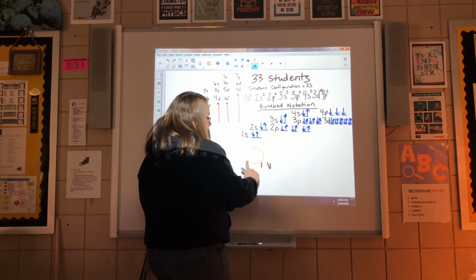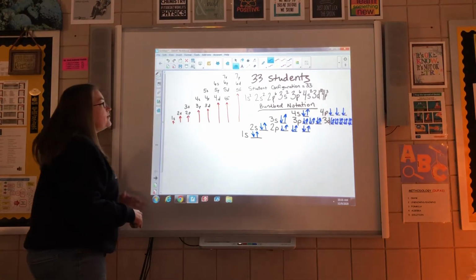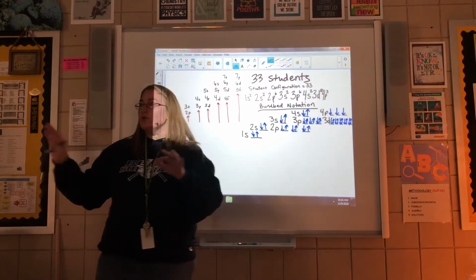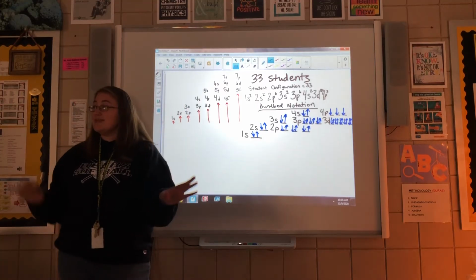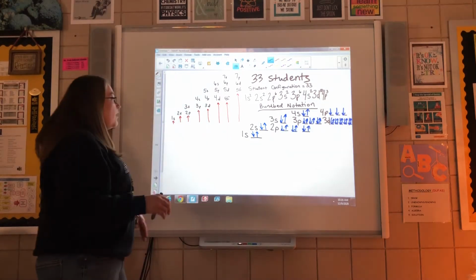You only do dot diagrams for elements that are going to end in your sunny side room or your party room. So your S and P's. That's the only ones you're going to have dot diagrams for. All right.